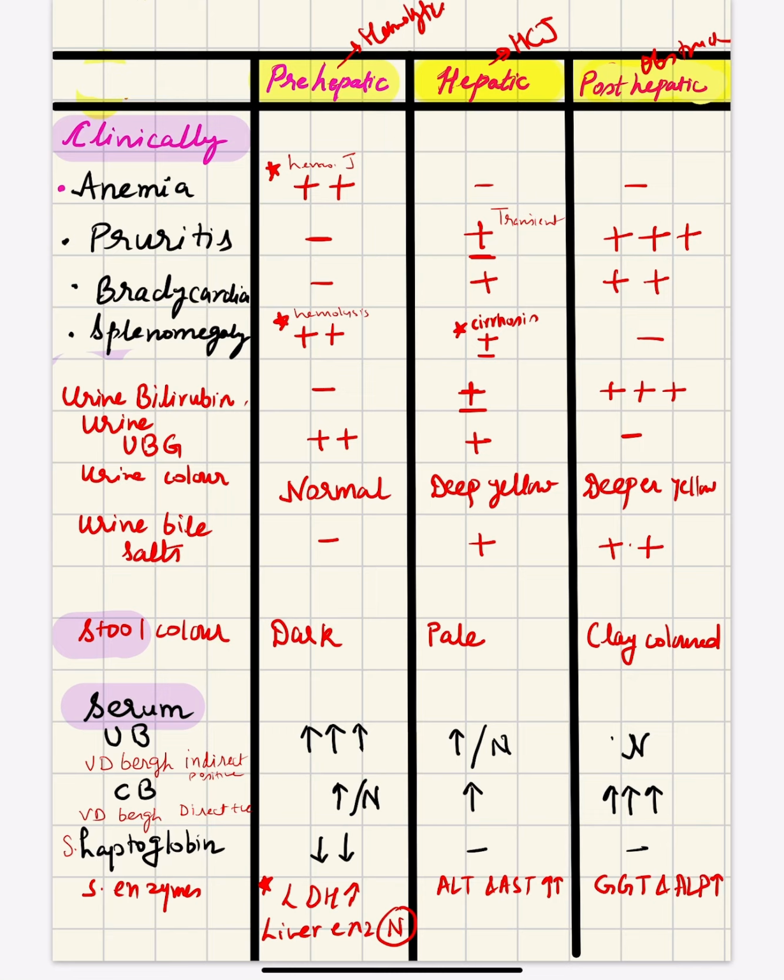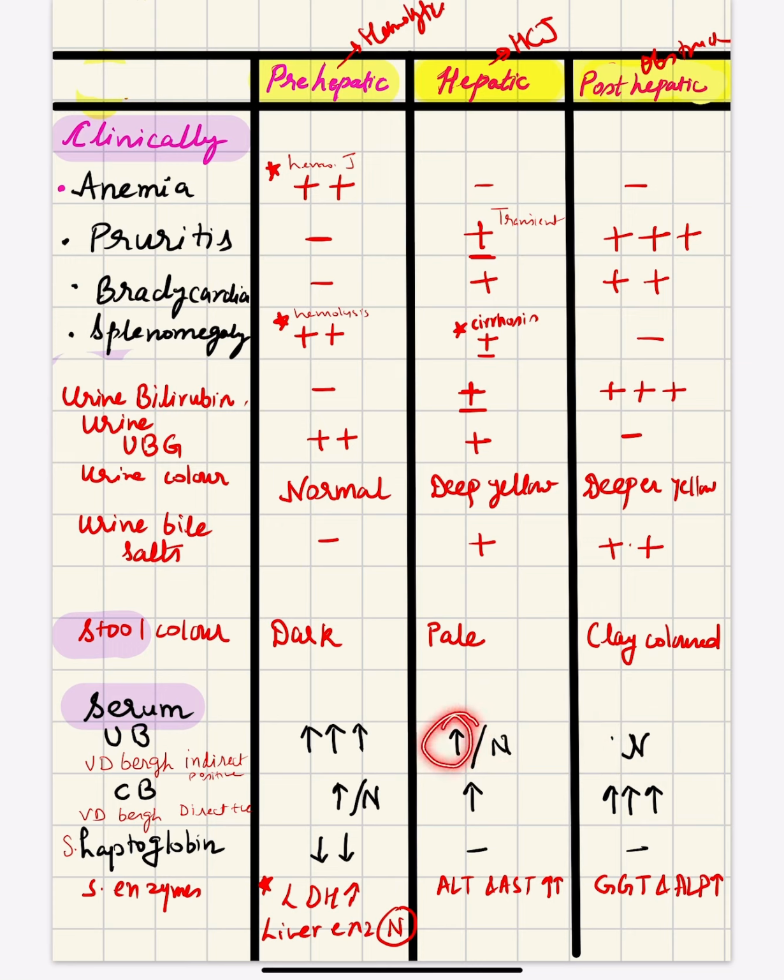While in prehepatic jaundice, the stool color will be dark because urobilinogen and stercobilinogen are formed in the intestine. In hepatocellular jaundice, it will be normal in color. Now, in the serum, the unconjugated bilirubin is markedly increased in prehepatic jaundice, and it will be normal in hepatic and post-hepatic jaundice.